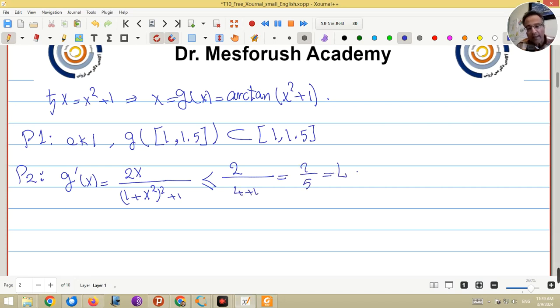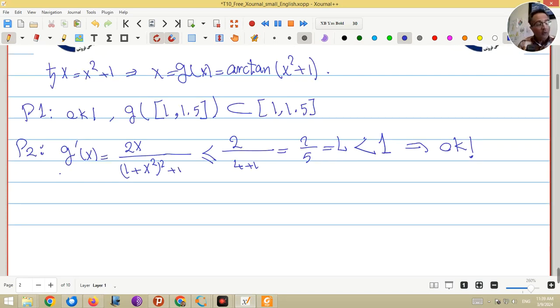If we call it L, this is less than 1. So the second condition, the second property, is also okay. So we can define x n plus 1 equal to g of xn equal to arctangent of xn squared plus 1.